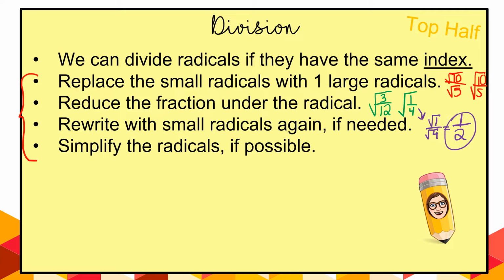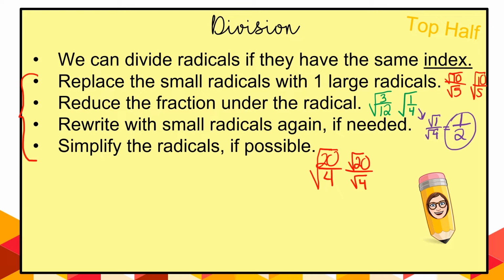And then simplify the radicals if possible. So let me make something up here. Let's say you started off with square root of 20 over 4, okay? And let's say you said, oh, 4 is a perfect square.